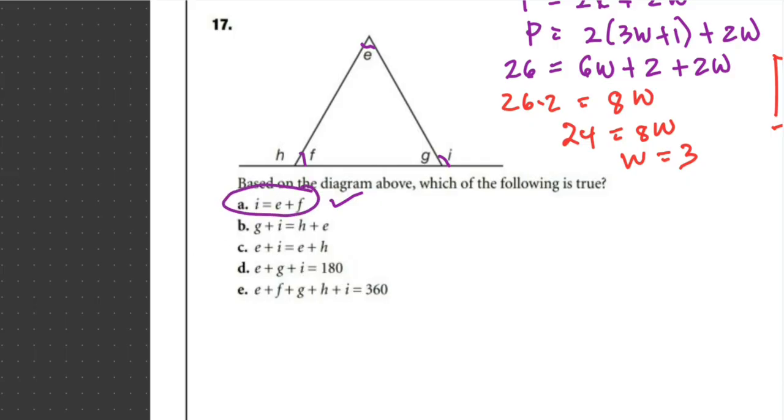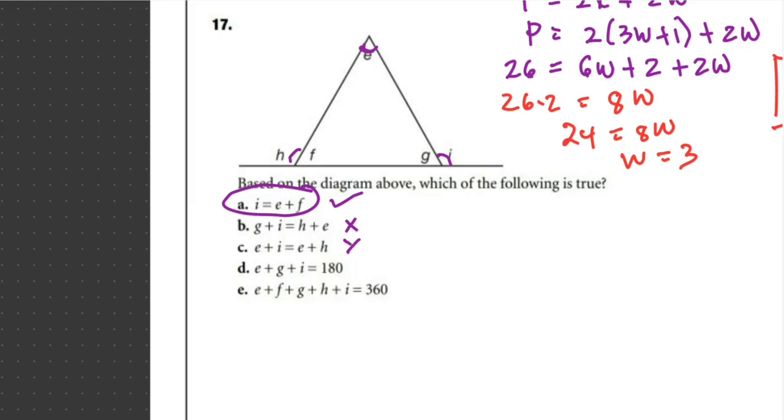You can check the rest of the choices. G plus I, that is 180, equals H plus E. We don't know E. So this cannot be true unless it is H plus F. Then E plus I is equal to E plus H. We don't know that.